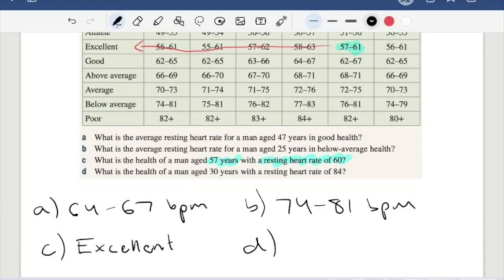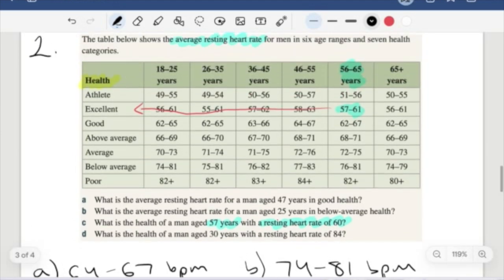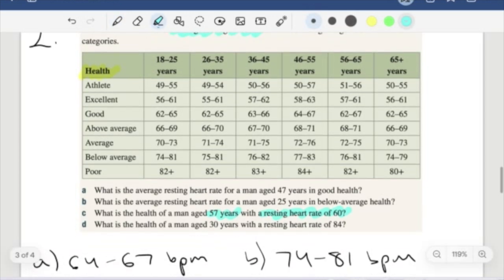And for the last part, very similar. Let's just reset here. We are looking for the health again. So we're going to do this backwards process again. So we have a person aged 30 years with a resting heart rate of 84. Okay, sweet.